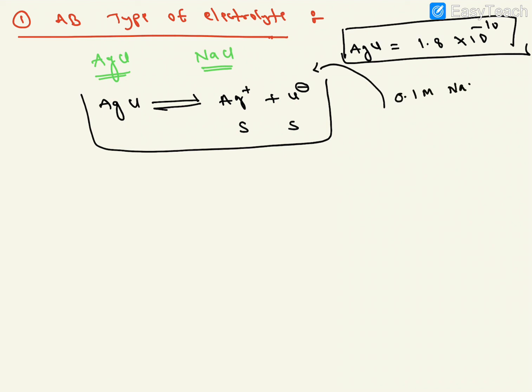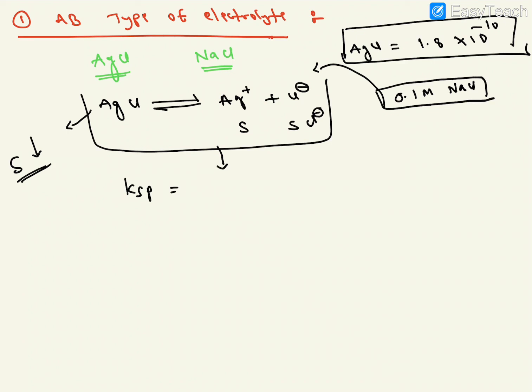To this solution we add 0.1 molar strong electrolyte, NaCl or KCl. What happens in the reaction? In NaCl the Cl minus is there. The Cl minus is the common ion. The solubility of AgCl decreases, right?